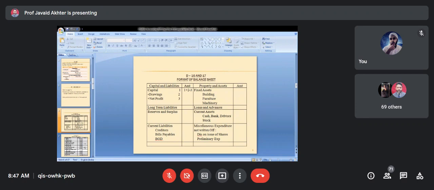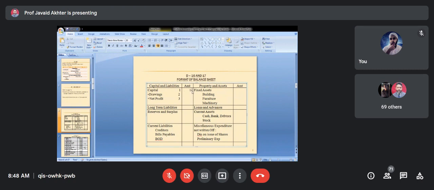All right? Yes, sir. So the equation of capital is wrong, it should be 1 plus 3 minus 2. What is appearing in the slide? Are you referring to that? Yes, sir. 1 minus drawing plus net profit. 1 minus 2 plus 3. You are right. I appreciate that.